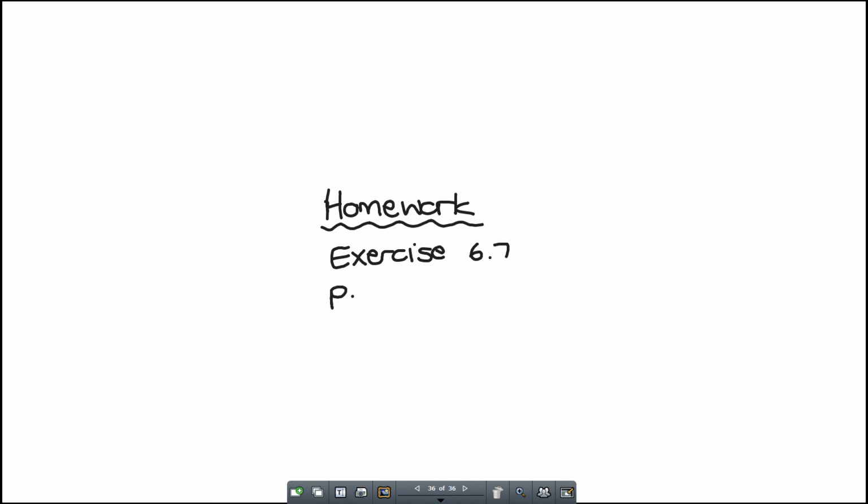So your homework is exercise 6.7. That's on page 60. You're going to do number 1 up until 5. It says, use the equations to determine the 10th term and the general term.